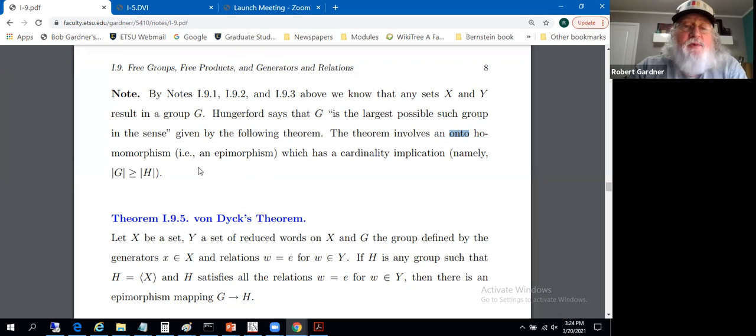So we'll be dealing with an onto homomorphism. It'll have the implication that for G, the group given by the presentation as described above, versus group H, any group which is generated by the same set of elements and has the same set of relations holding, H will be less than or equal to in cardinality to group G.